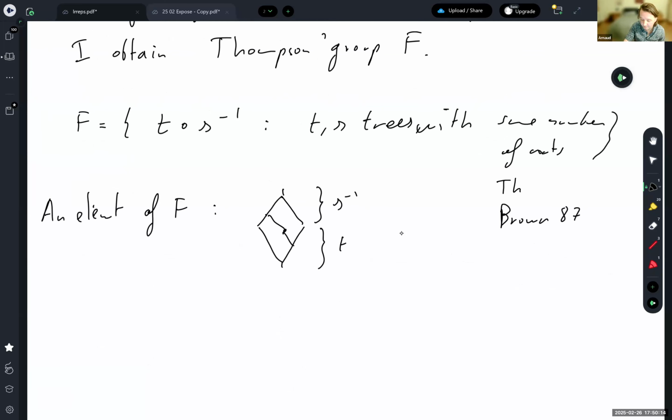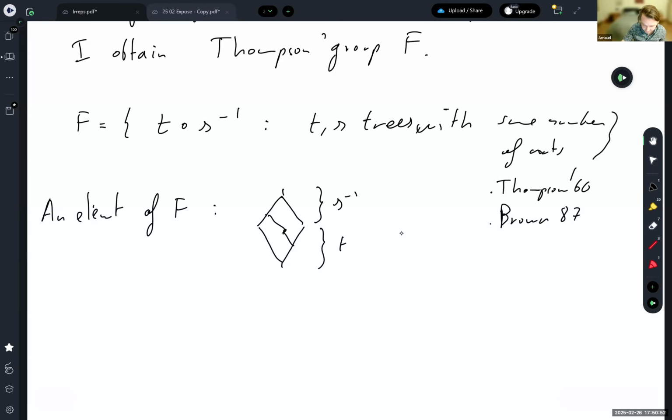And in fact, I was talking with Murray in Sydney, my elder, and he was telling me that when you read the notes of Thompson, it is very clear that he already understood that you could use trees to describe elements of Thompson's group. Thompson didn't publish anything, but we can believe he had that. And Brown wrote it very well, because Brown always writes extremely well.